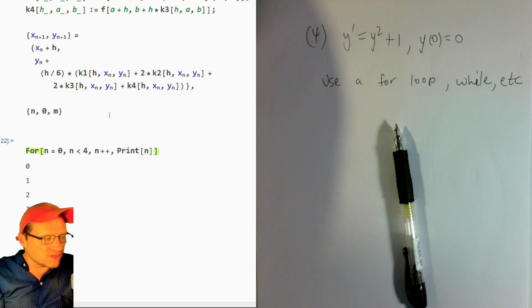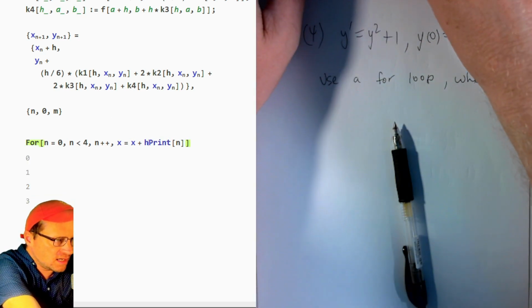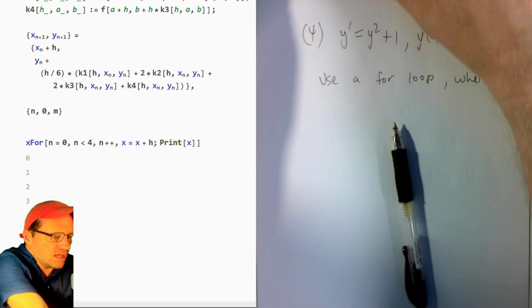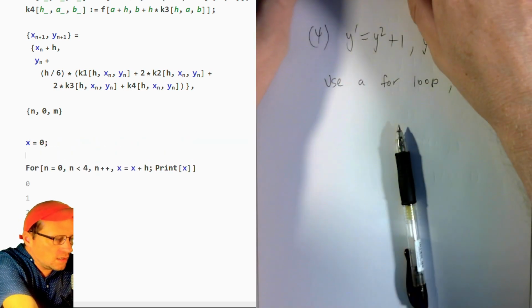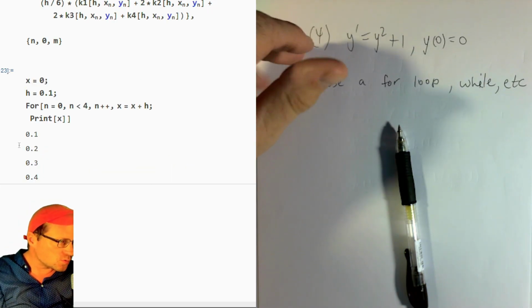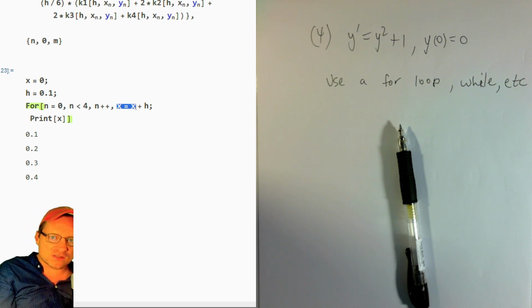So what we're doing here is saying x equals x plus h, and then let's print the new x. Up above, we'll say x equals 0, and h is 0.1. Okay, and so this will be updating the x values, but you see x is getting replaced with the previous x value. We're not storing in memory all the previous x values.